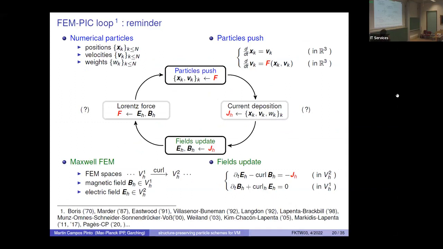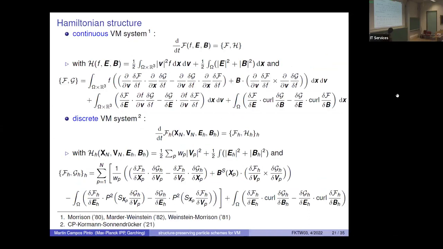Now you have an explicit answer for these coupling terms that is derived from a variational principle. And the main result is that this discrete nonlinear system has a Hamiltonian structure.